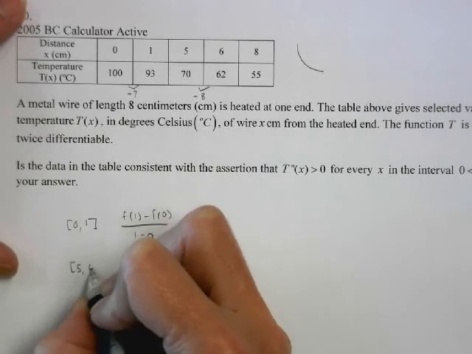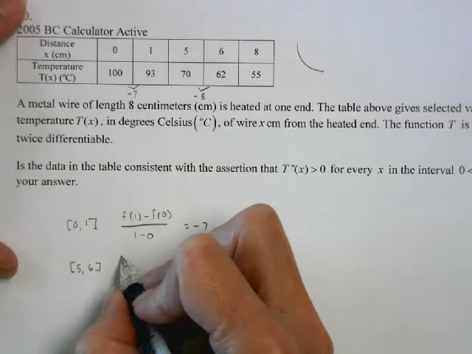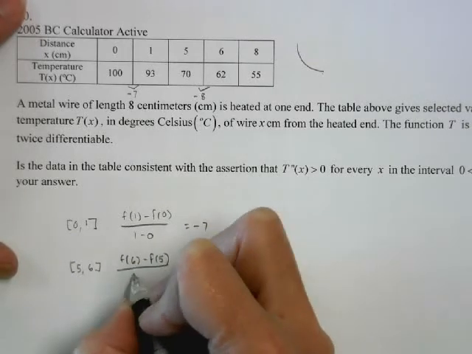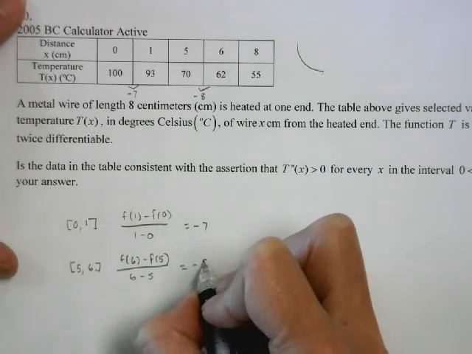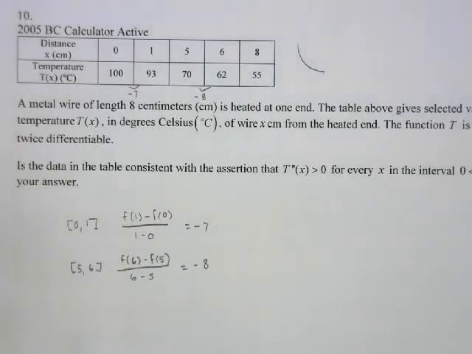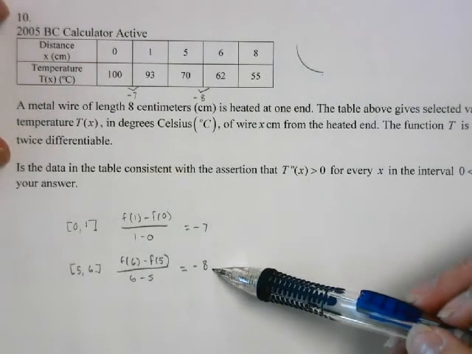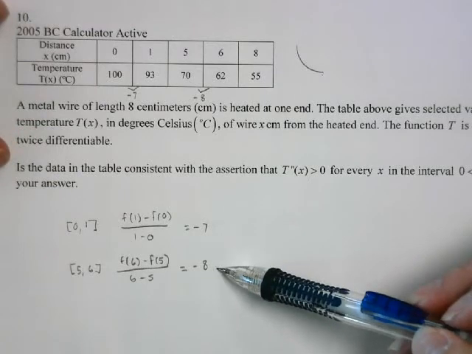From 5 to 6, and you can pick different points to verify this. Okay, we went down 8. So the slope from 7 to 8, the slopes of this graph are decreasing.